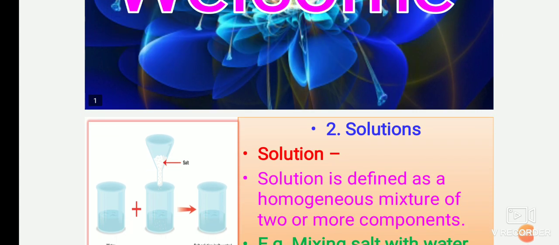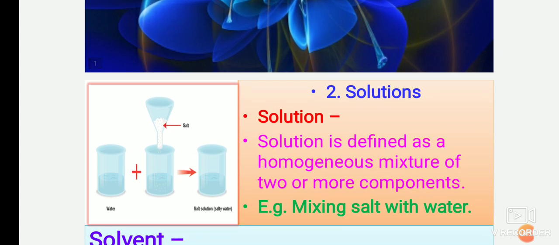We see the definition. Solution is defined as a homogeneous mixture of two or more components. Example, mixing salt with water.